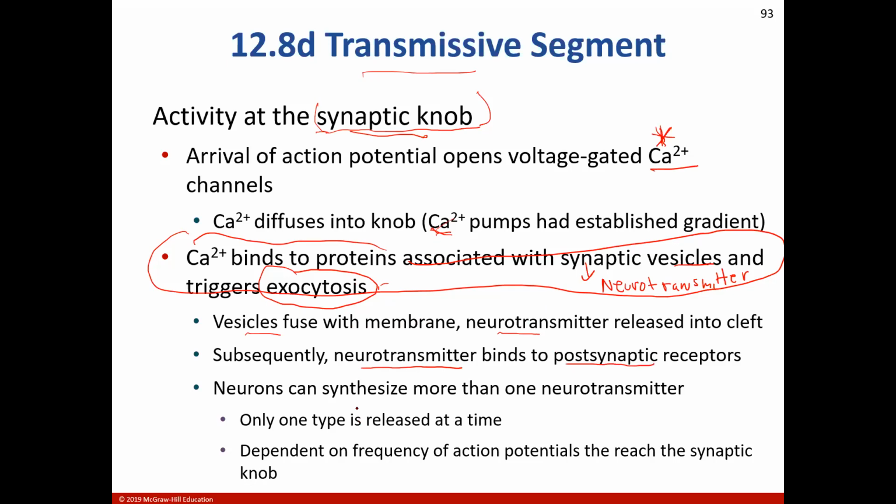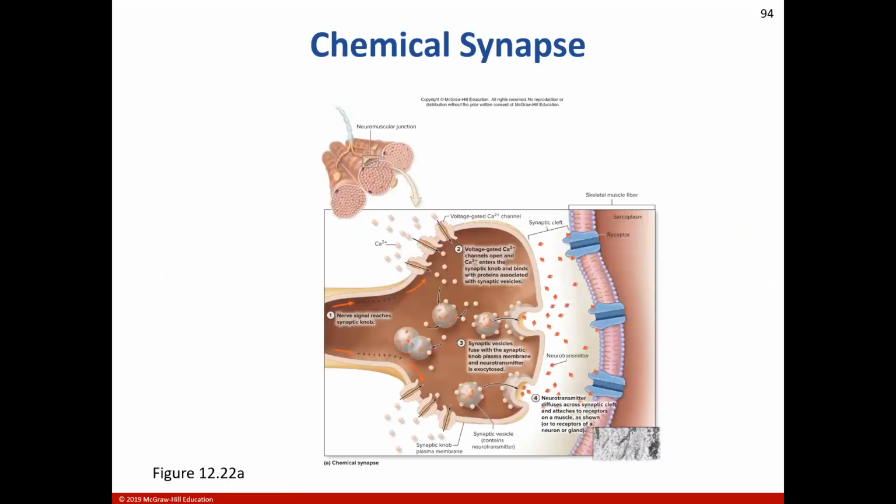So the neurons are what is synthesizing the neurotransmitter. It could be epinephrine, it could be dopamine, it could be serotonin, it could be acetylcholine. It could be GABA, it could be glutamate, all those neurotransmitters that you probably heard of. And of course it's dependent on the action potential that reached the synaptic knob or synaptic terminal.